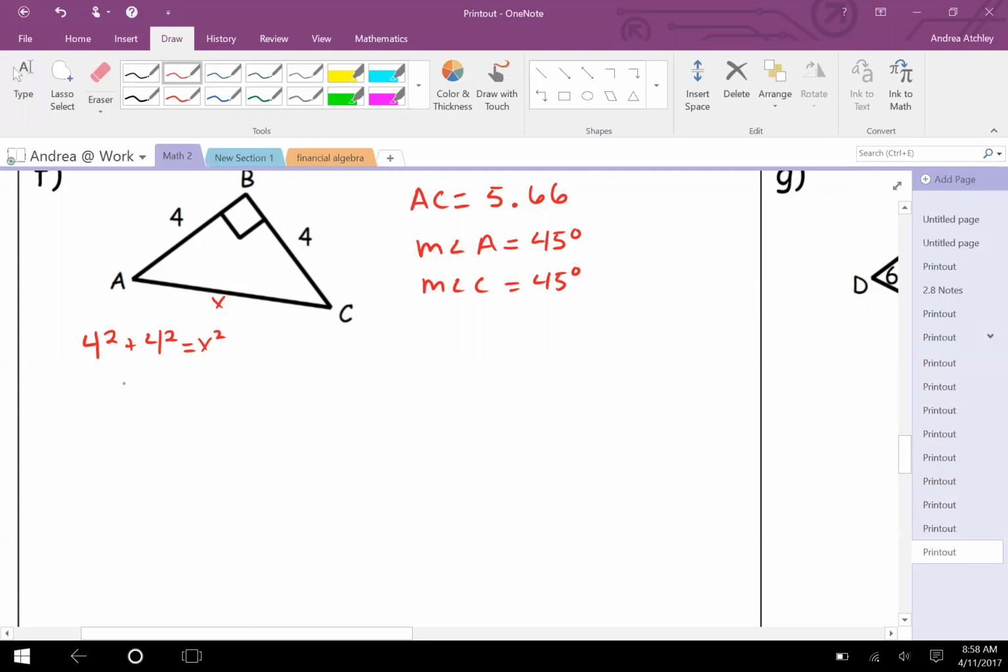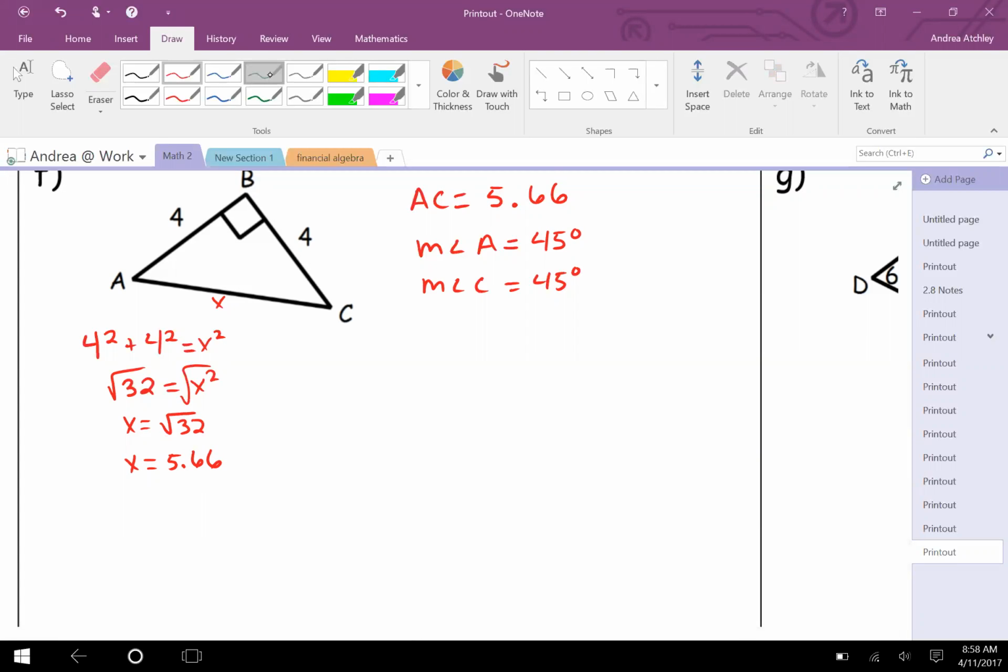That'll give you 32 equals x squared. Square root both sides, and I'll get x equals the square root of 32. If you plug it into your calculator, you'll get x equals 5.66. Most of us were able to come up with that.